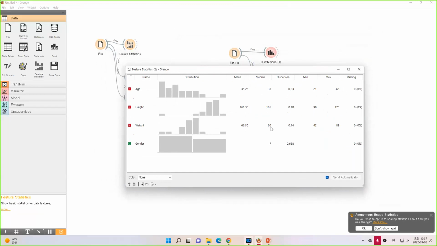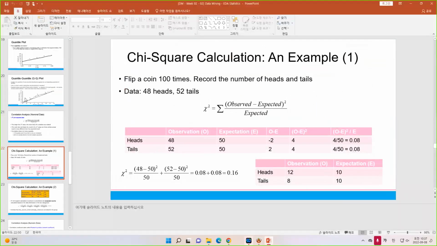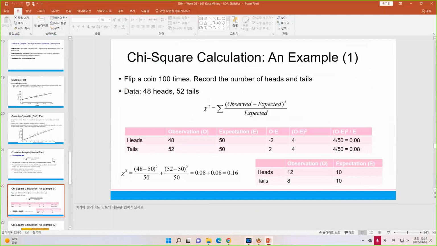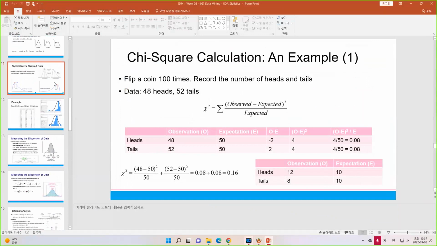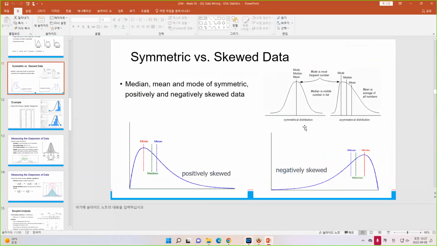So as we learned before, we have a symmetrical distribution. It is not exactly the same number, but it's almost. So we can just say this is still a symmetrical distribution.